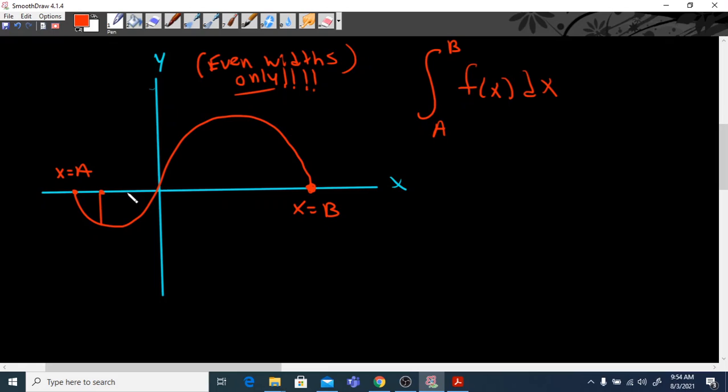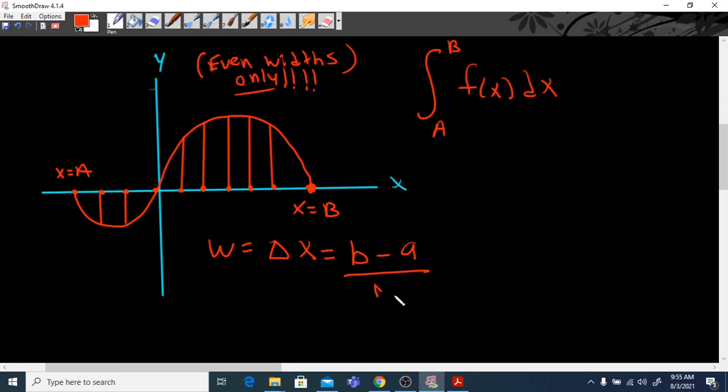With even widths, we want to make each width the same. If we have even widths, then these are related by the following: the width, which is delta x, is b minus a over n.